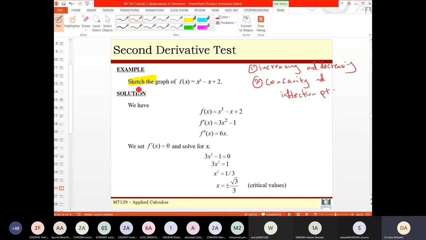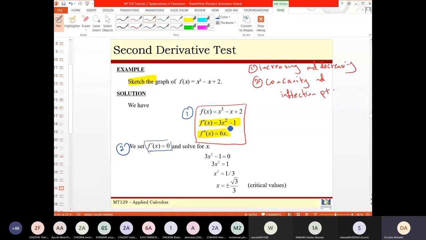So let's see. First, I need f. I need f dash. I need f double dash. F dash of the function is 3x squared minus 1. F double dash of the function is 6x. This is the first step. The second step is by letting f dash of x equal to 0.